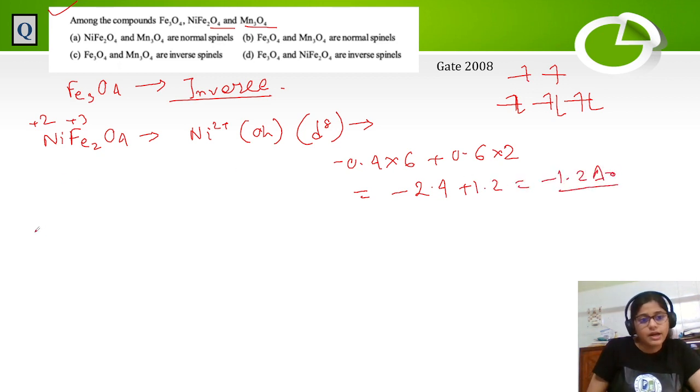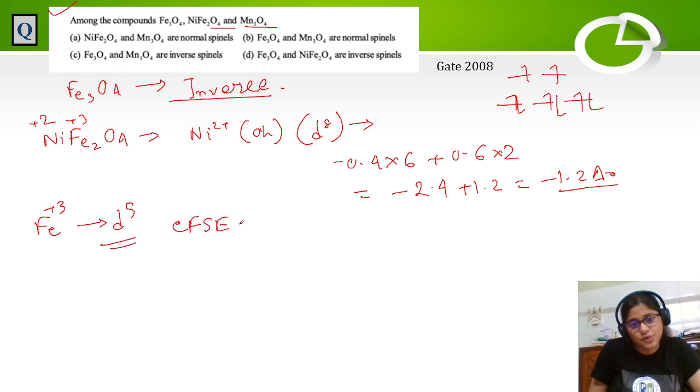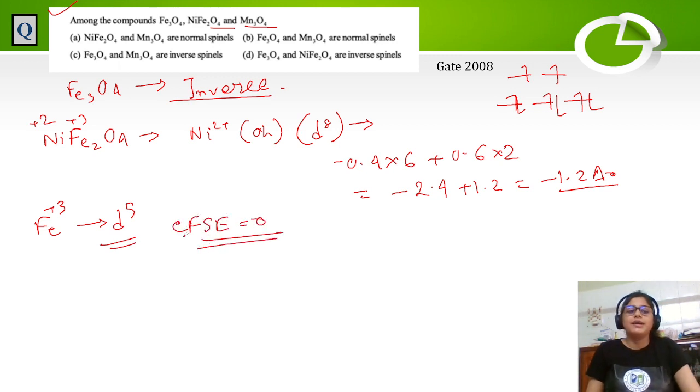Fine. Now for Fe3+. Fe3+ is d5, right? This CFSE will be 0. So here the CFSE of the dipositive cation in octahedral field is greater than the tripositive cation in the same condition. So it will obviously be inverse spinel.